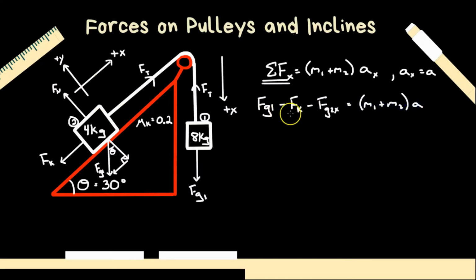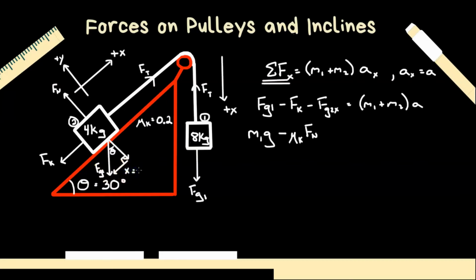Alright, so now let's calculate one by one what each of these forces are. So Fg1, that just equals mass 1 times gravity. Okay. And Fk, our equation is mu k times the force of normal. Well, let's come back to that. For now, let's look at Fg2. So Fg2, and its x component is right here.